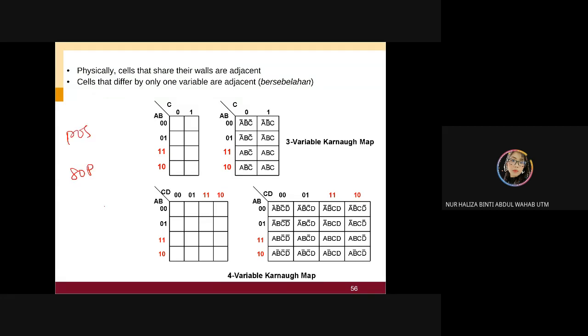Try to do both, which is first you draw for your SOP, then second you draw for your POS, similar to all the things here. And what else you need to know for your KMAPs? There is a very important thing we call bersebelahan antara satu sama lain, which is your adjacent.